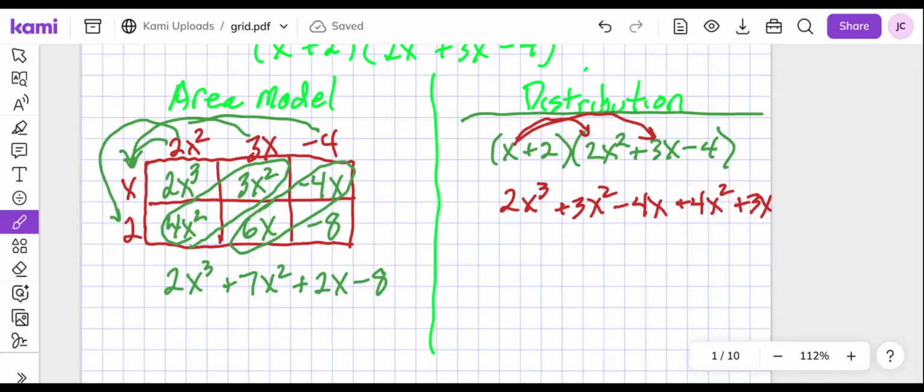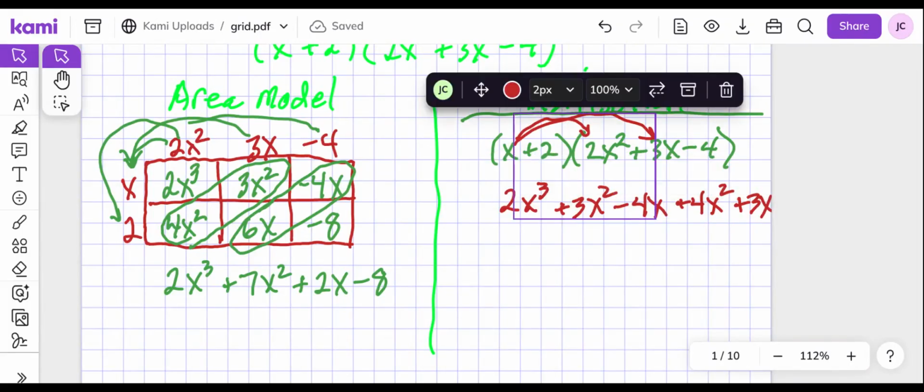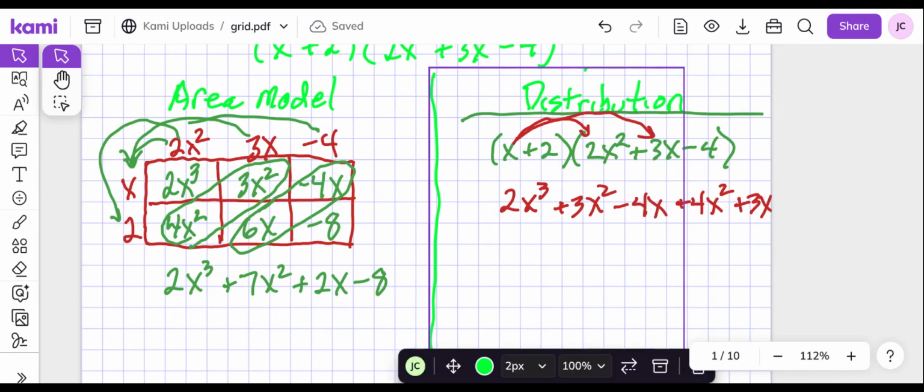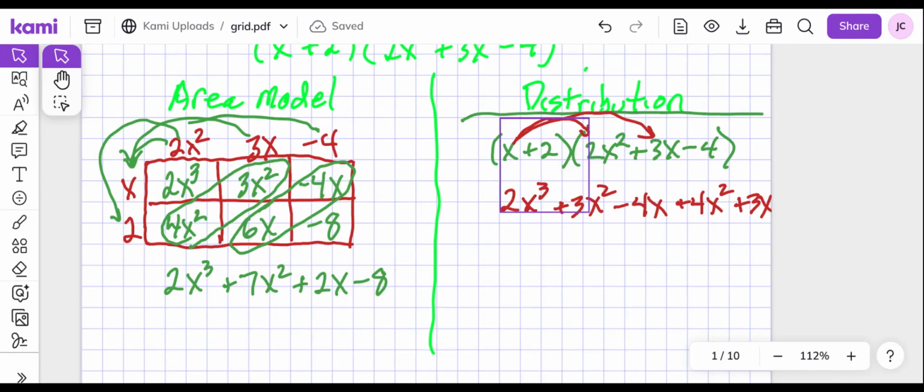I need to move this over. I can't move it.